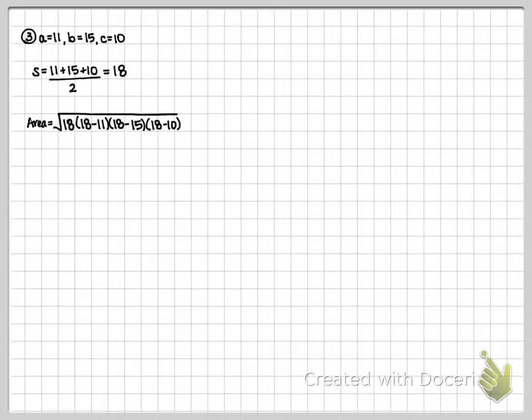Go ahead and type this in. And it looks like, at least when I typed it in, the area that I got was approximately 54.9909. And that's it for 6.2.